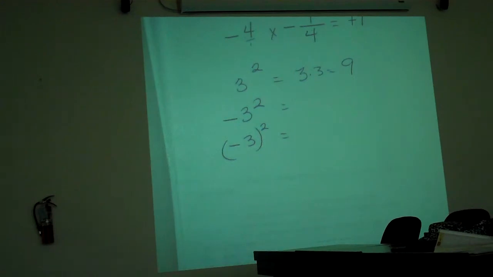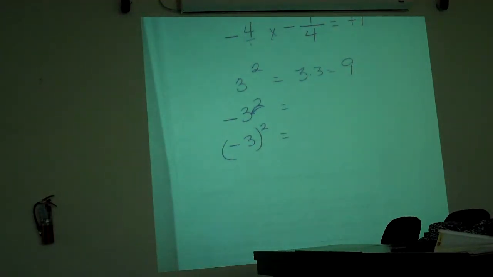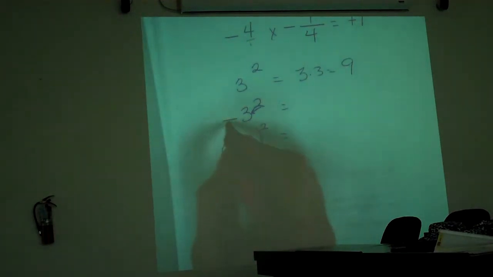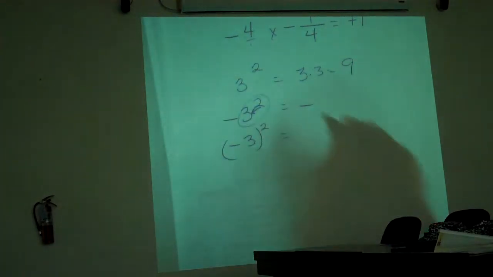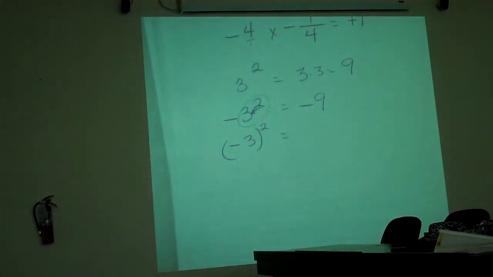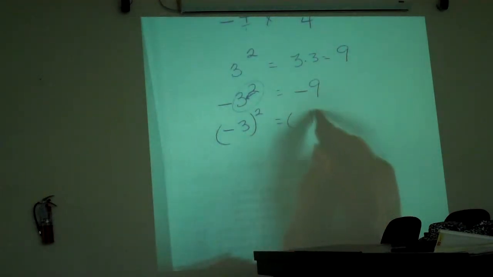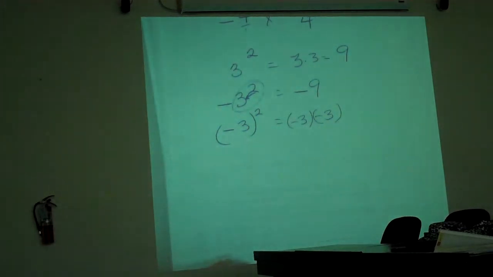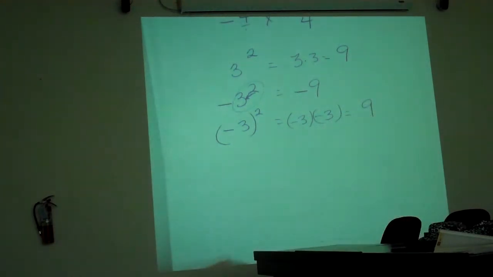The difference is this 2 only goes to the 3. It doesn't go to the negative side. So this answer will be negative, and then 3 times 3 is 9. This one is different because the negative part is squared also. You have negative 3 times negative 3, that gives you a positive 9.